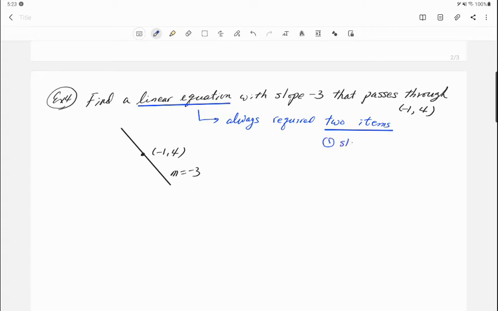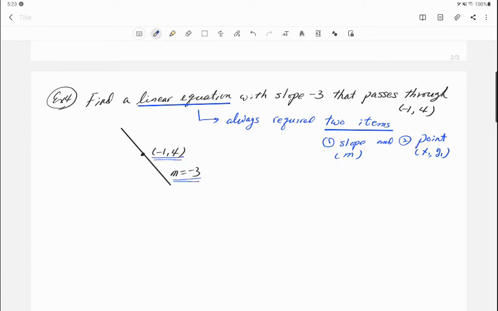Slope and point, x1, y1. If the slope is not given, you have to find the slope of the line. If the point is not given, you have to find the point. But usually points are given. Point is given, but slope is not given, usually.